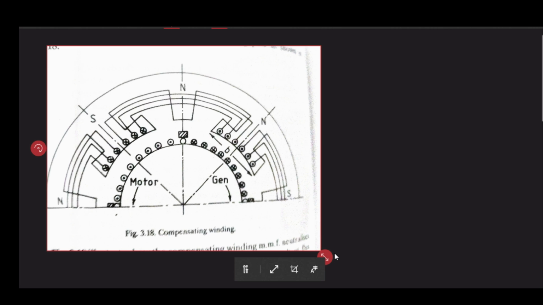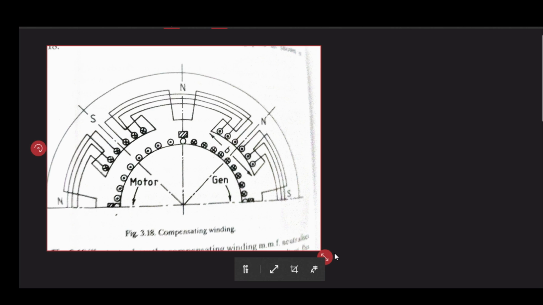All these are placed here, and another thing we do is the interpole, which should produce a proportional effect to counterbalance the demagnetizing effect of the armature.